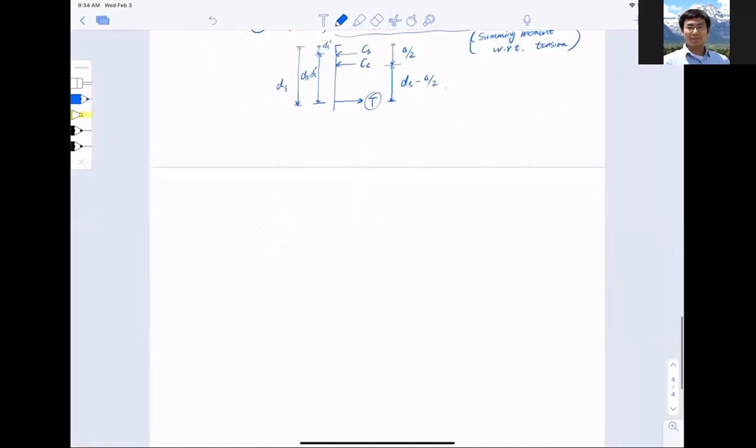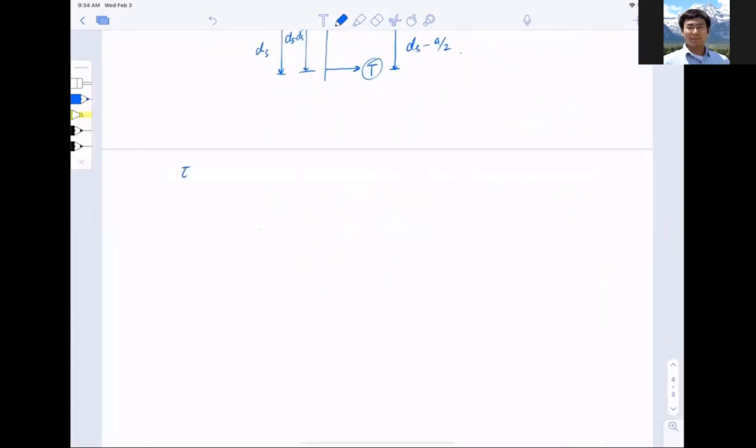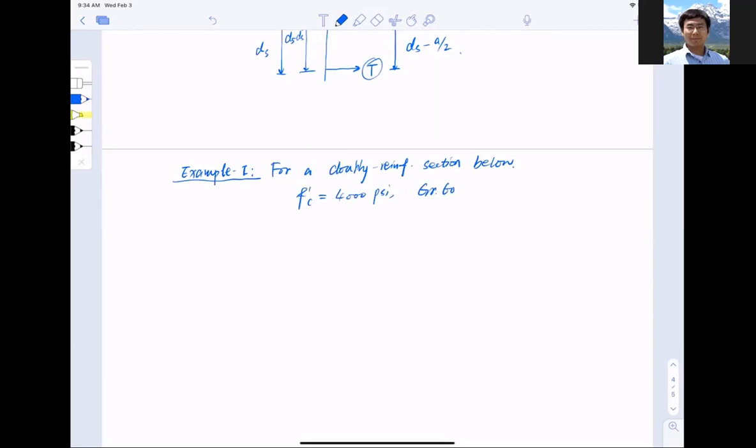Now with this, let's take a look at an example. Example 1: for a doubly reinforced section shown below, the concrete capacity is 4,000 psi, ready mix, and we have grade 60 steel.